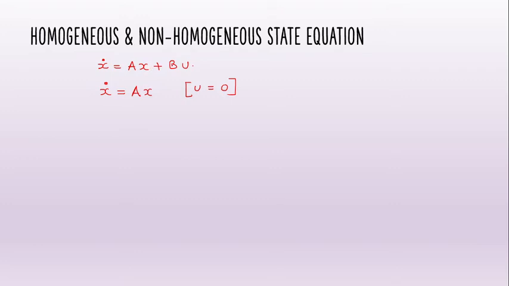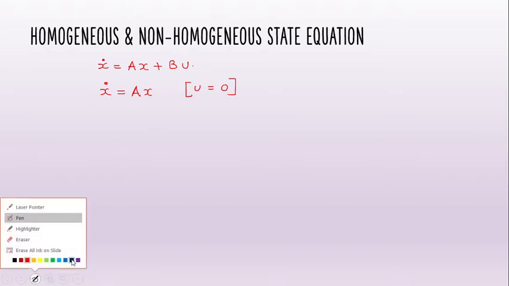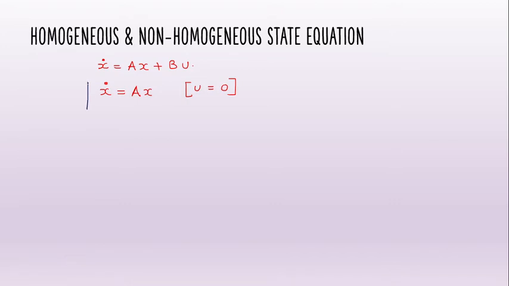So if this is your state equation, then it will be known as the homogeneous state equation. If a system has 0 input, it doesn't have any input, then it will be a homogeneous state equation. This is the homogeneous part.